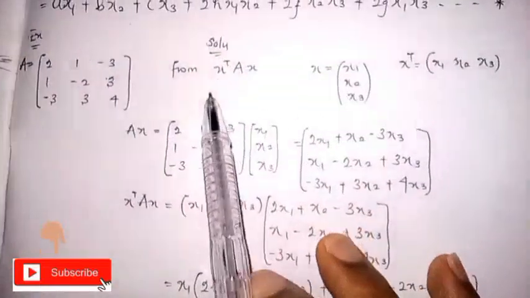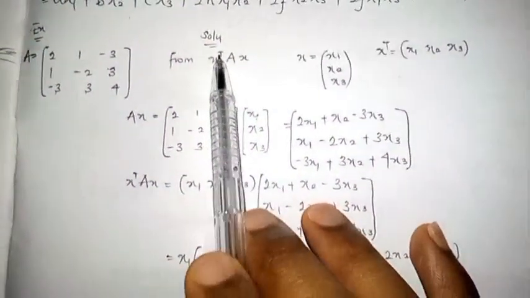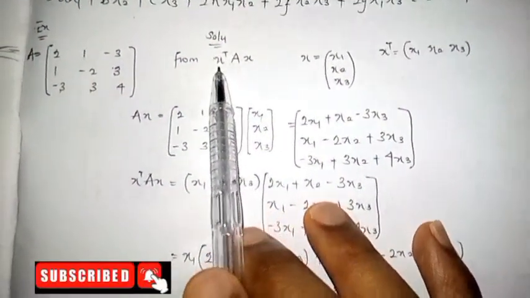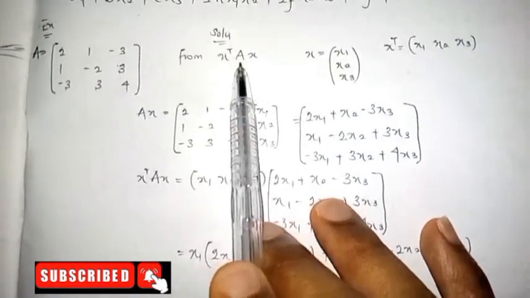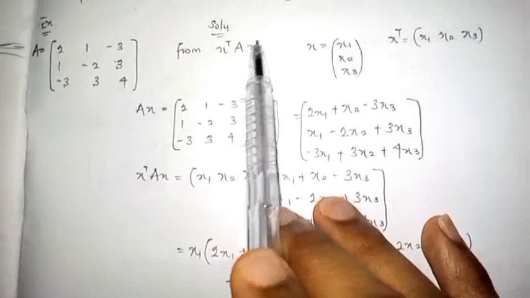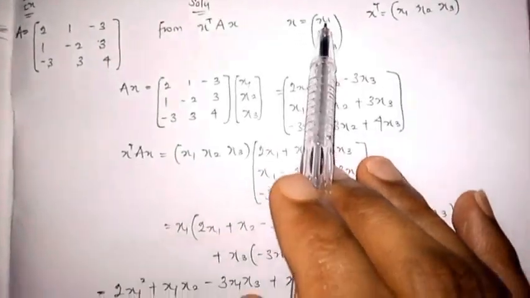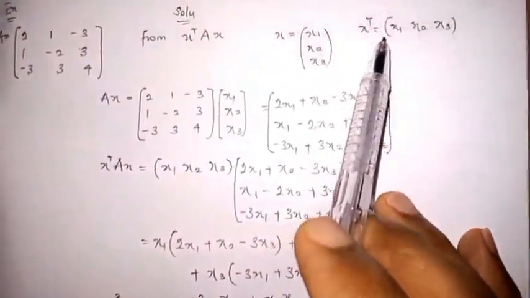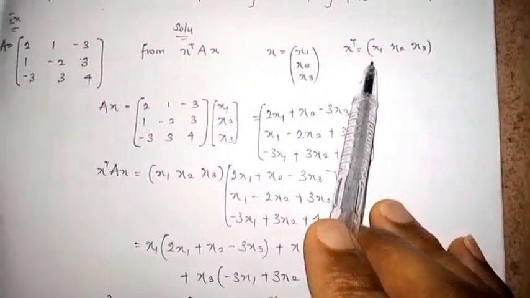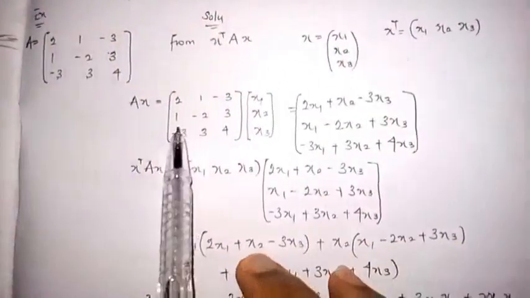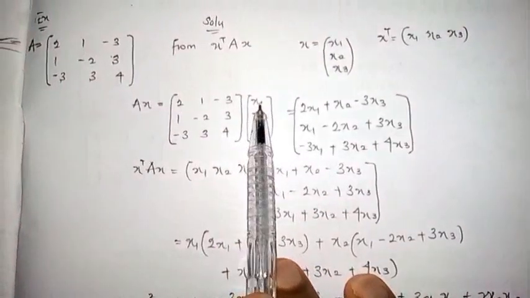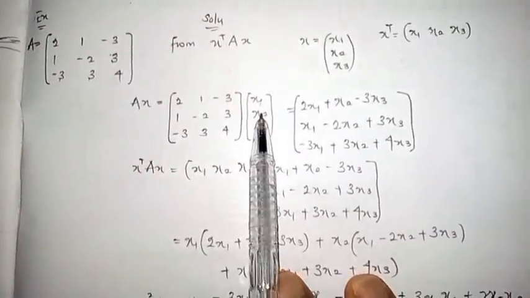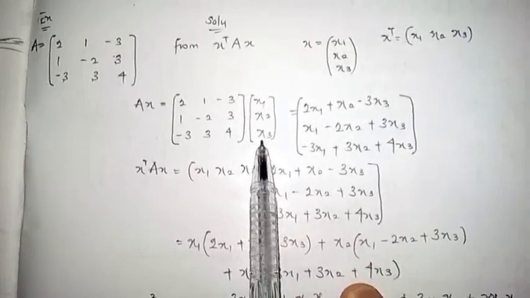So now we also apply the same formula here, the transpose of x multiplied by the matrix A multiplied by x, where x is x1, x2, x3. The transpose is a 1 by 3 matrix, x1, x2, x3. So when we multiplied this together, we got 2 times x1 plus 1 times x2 plus minus 3 by x3.